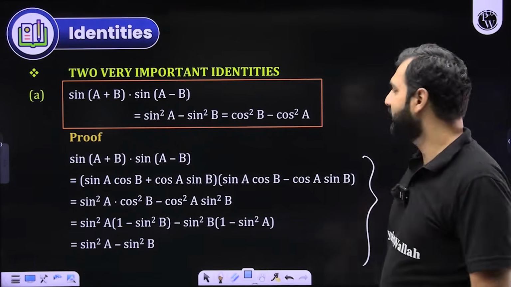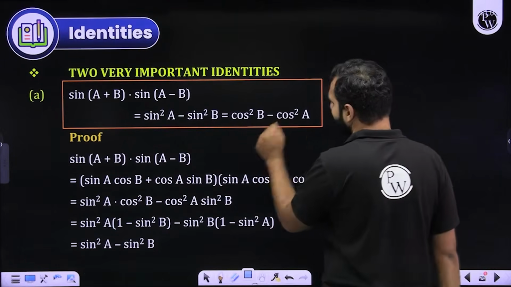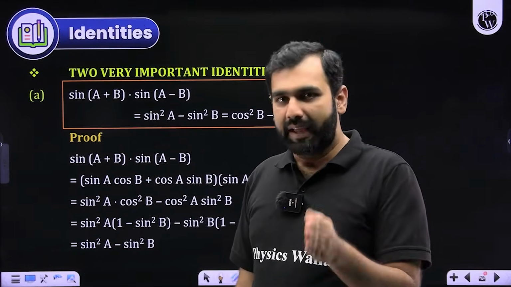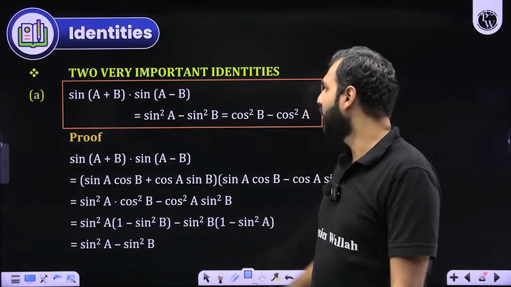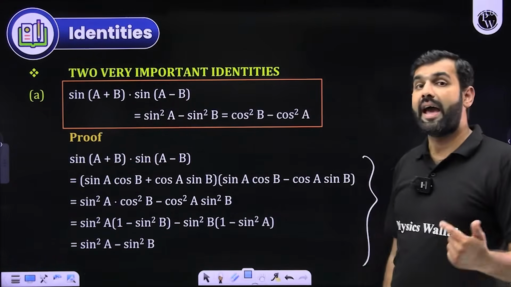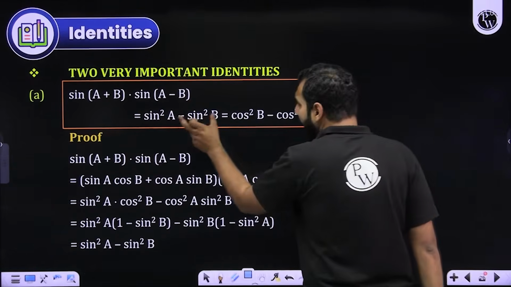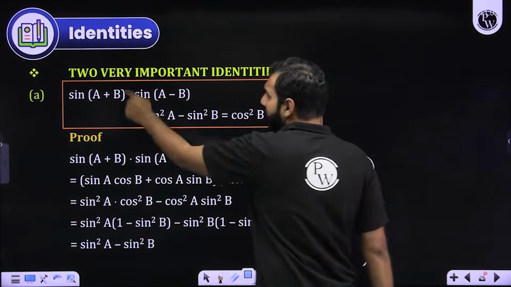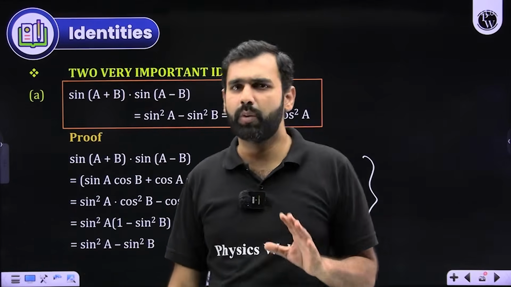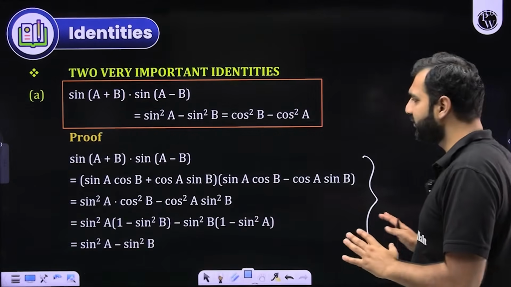On the basis of this, after simplification, you can write it as cos square b minus cos square a as well. Please remember, sin a plus b into sin a minus b. Whenever you see something like this, you can unhesitatingly write this. And vice versa. If I happen to see something like this or this, I can replace it like this without any hesitation or confusion. Will you remember that? I hope there is no confusion on it.